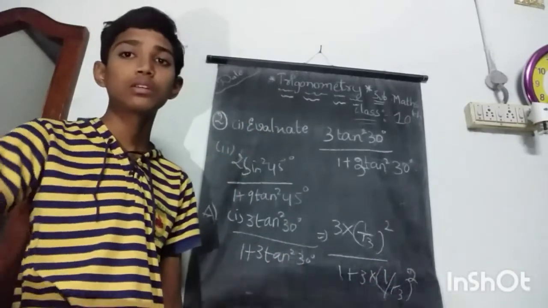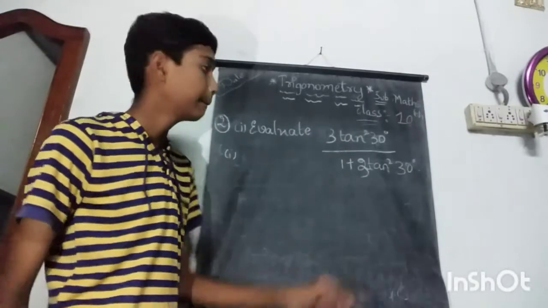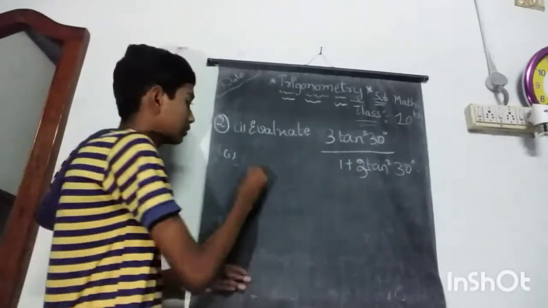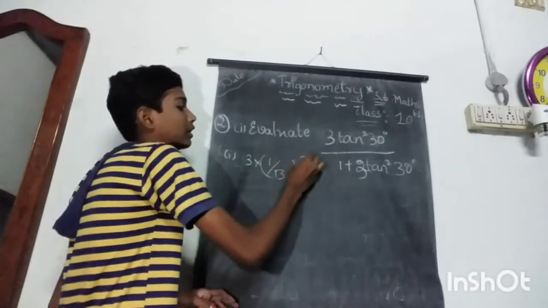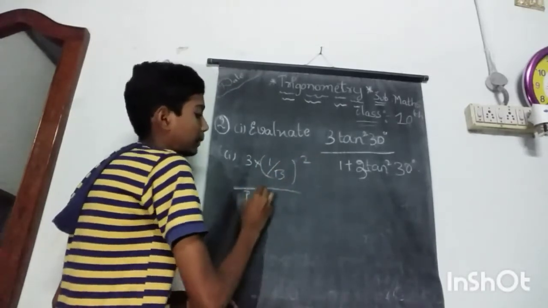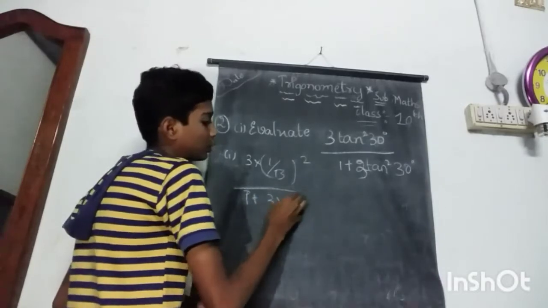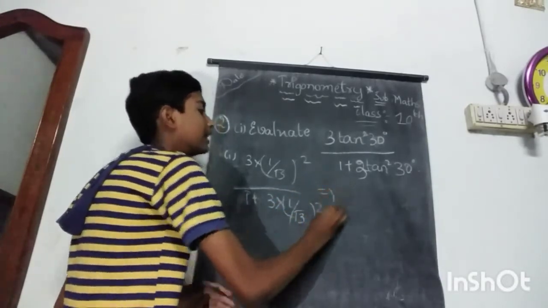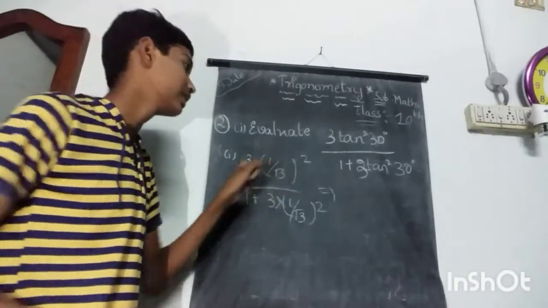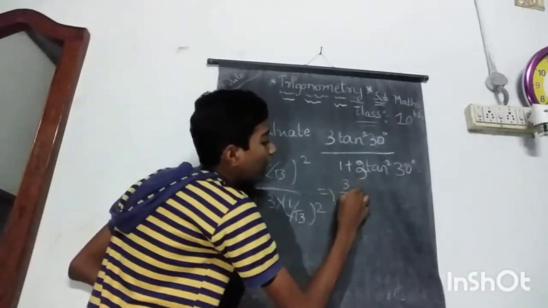Let us solve it. I am writing once again: 3 into (1 by root 3) whole square upon 1 plus 3 into (1 by root 3) whole square.